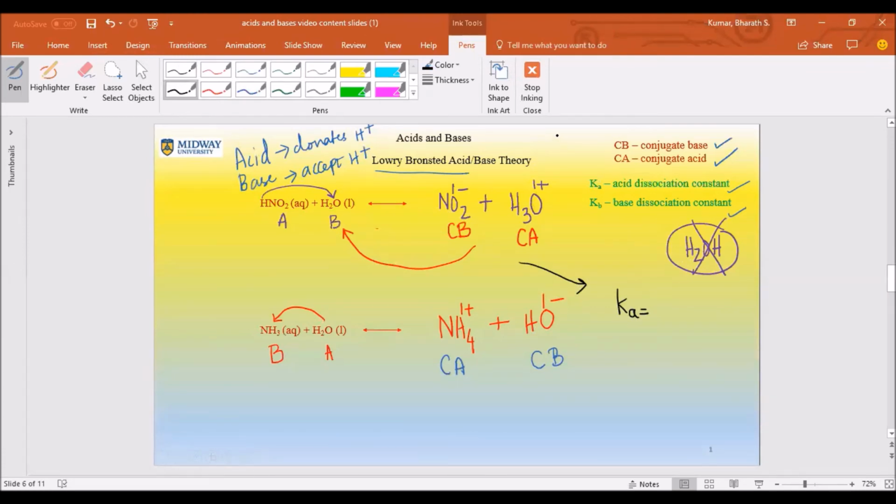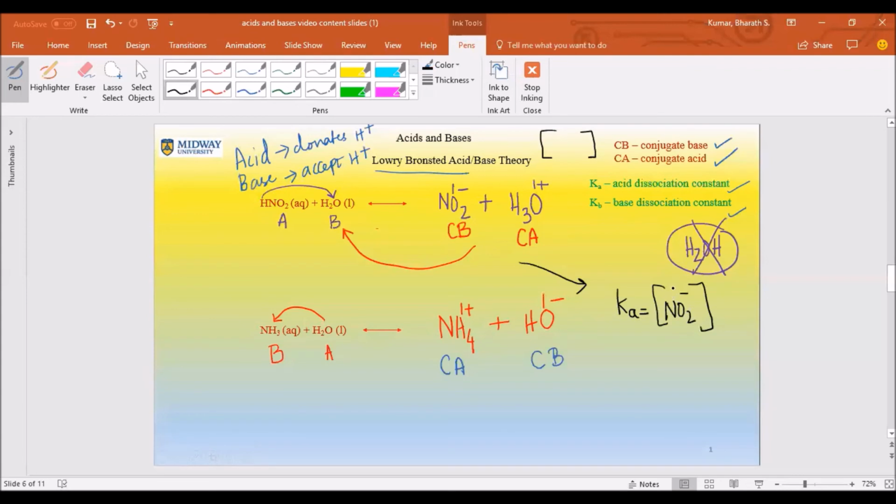Now, one thing we have not done for sure is that concentration is written in square brackets. So this is Ka because we're starting with an acid. It's the ratio of the concentration of products over the concentration of reactants. Let's see if you pick up something that's missing in this expression.